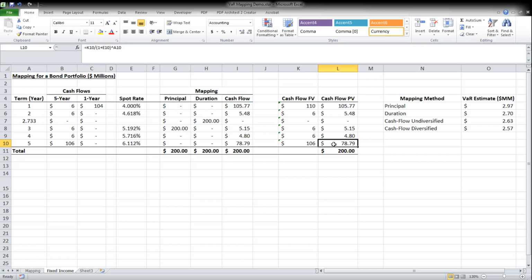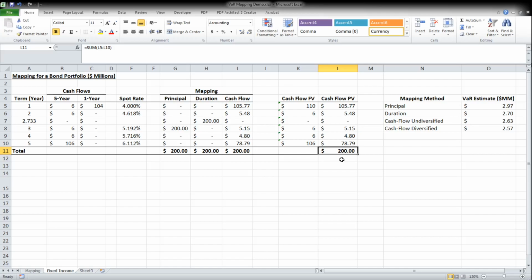The logic here is that you will assume that you have $78 million invested in a 5 year bond. You will have $4.8 million invested in a 4 year bond. You'll have $105 million invested in a 1 year bond. And when you sum up all those market values together, you have to arrive at the same market value as your original portfolio, which is the $200 million.